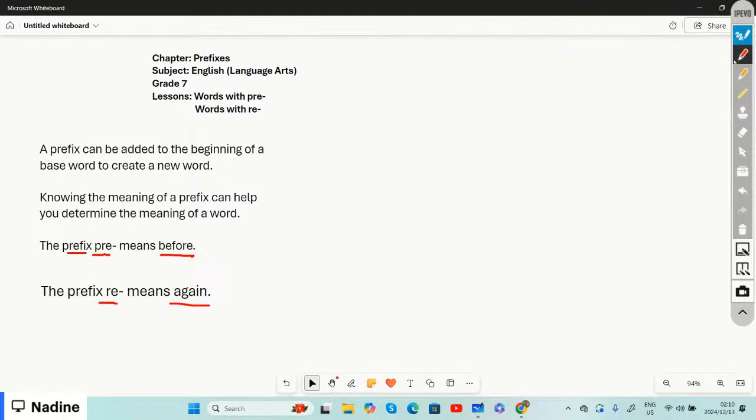So now we're going to look at a few examples of prefixes. Prefixes with the word pre and prefixes with the word re.